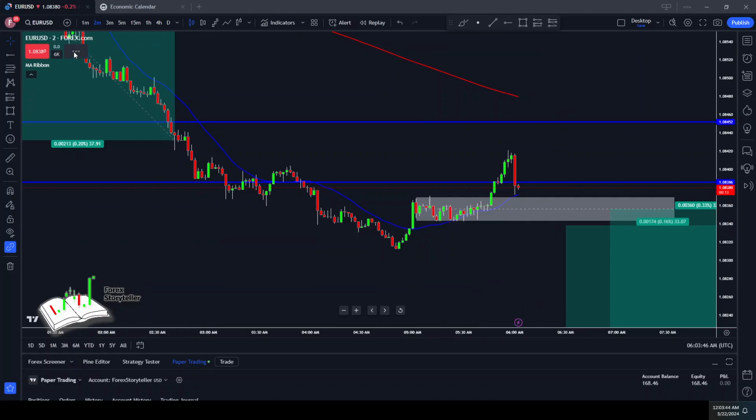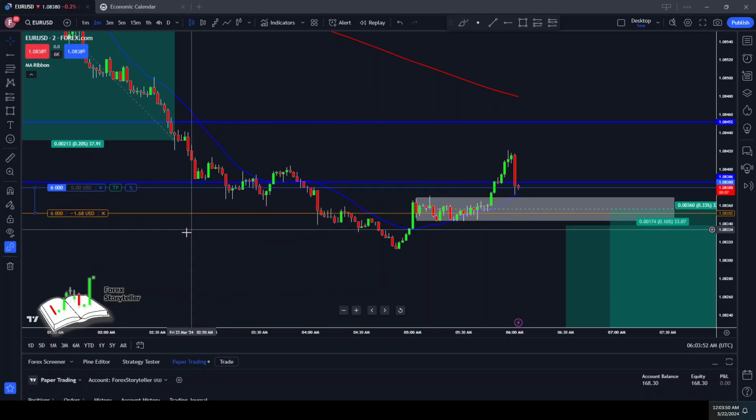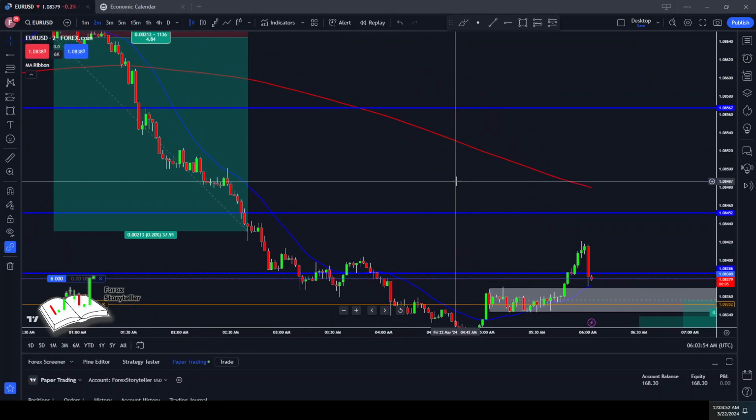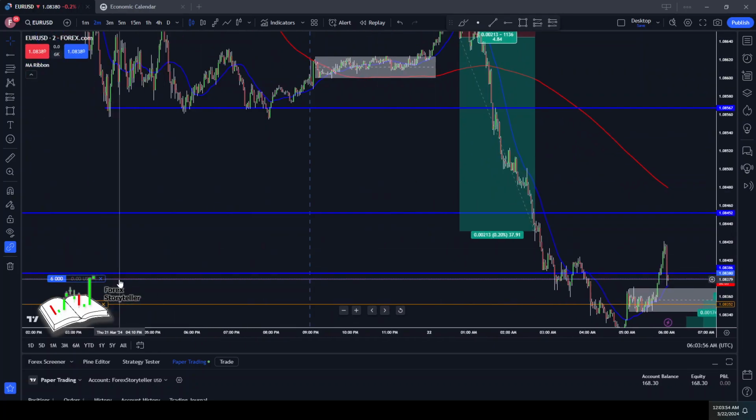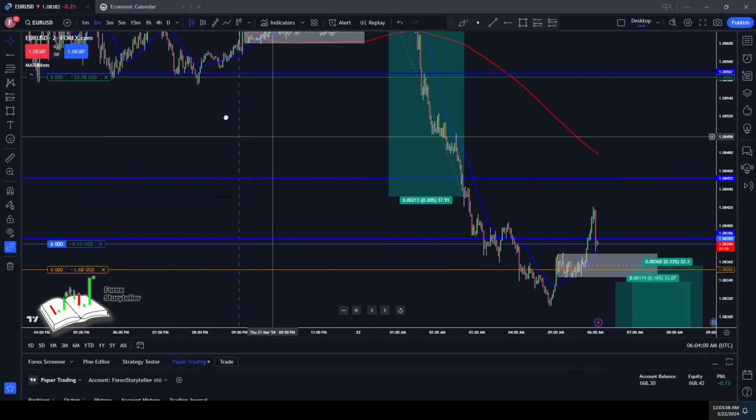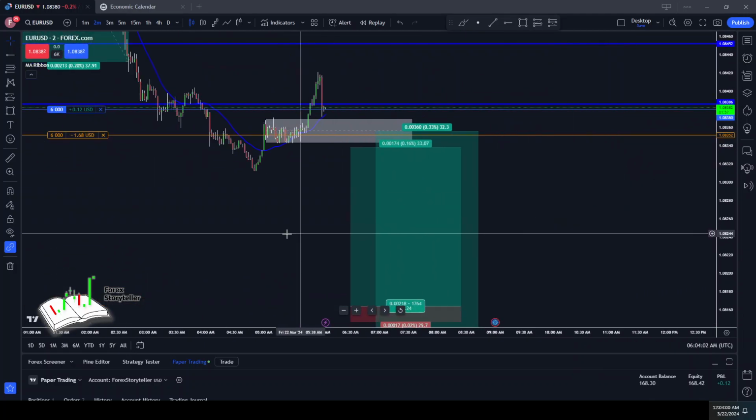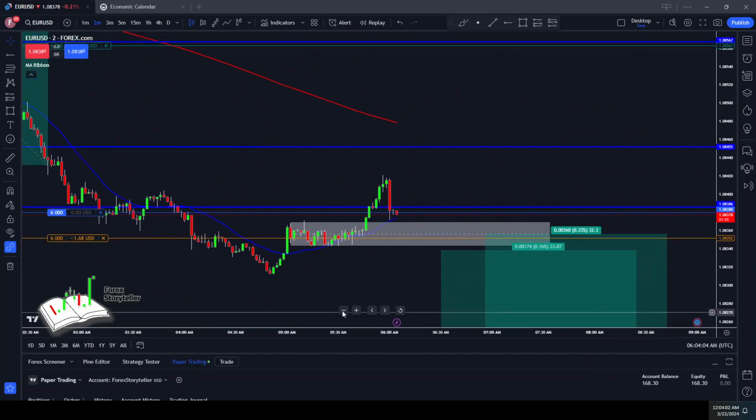I'll throw another one on there, because that's about where I had the entry anyway. Cover the low. So we got $1.68 in risk, and put that target right back up here and walk away. So we'll try that again, because right now we're above the box. It's coming down.